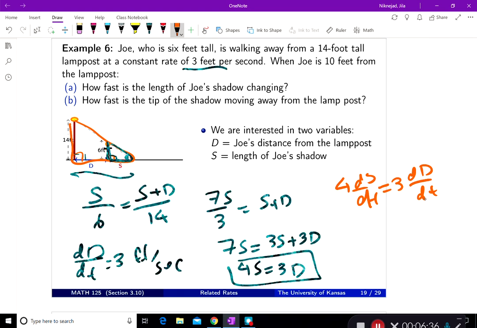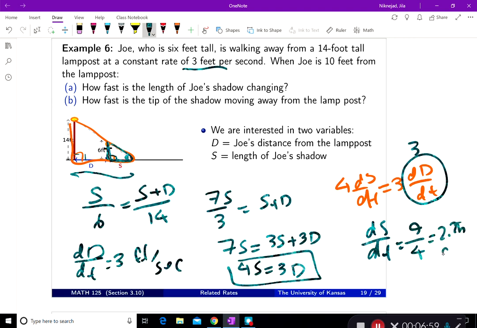I know this one is equal to 3, and then I can calculate dS over dt, and dS over dt is going to be 9 over 4, or 2.25 feet per second. So I answered the first part of the question.